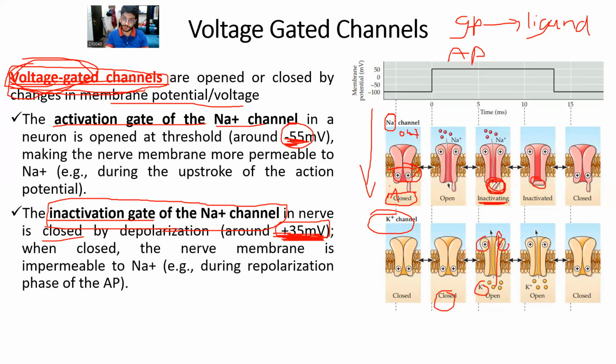When potassium moves out, it makes the cell much more negative because you're losing positivity. And this is why it pushes back the membrane potential to the negative. Once it reaches a specific point, about -70, -80, the channel closes again.